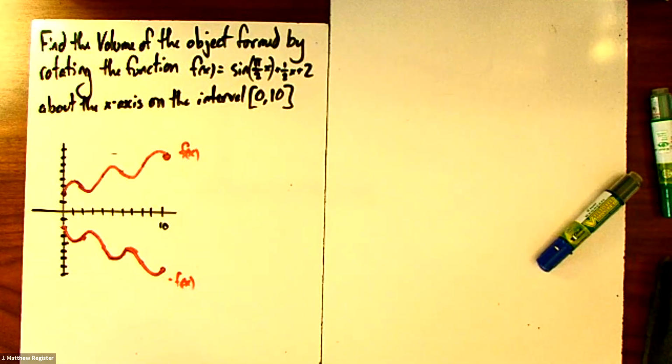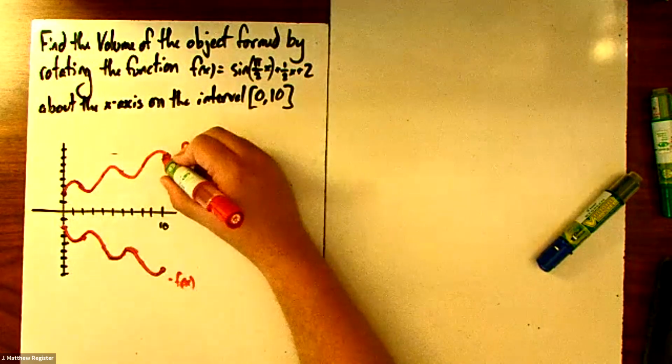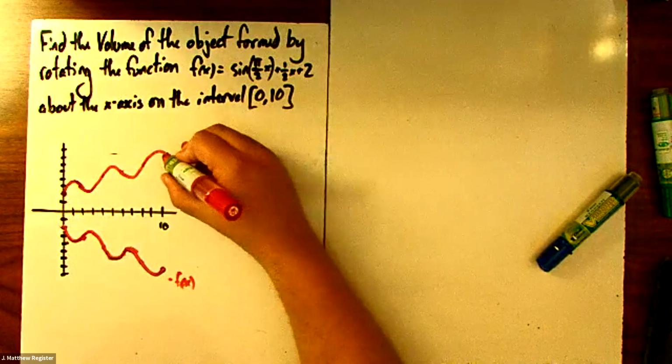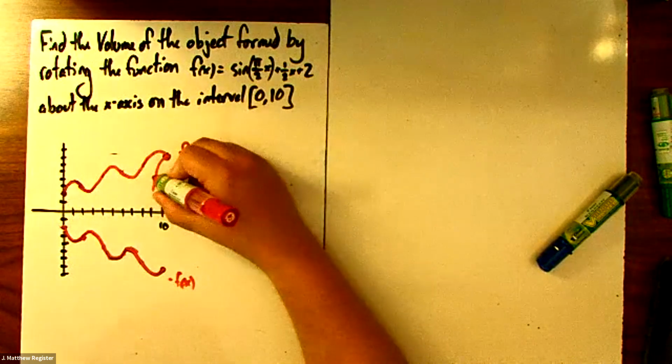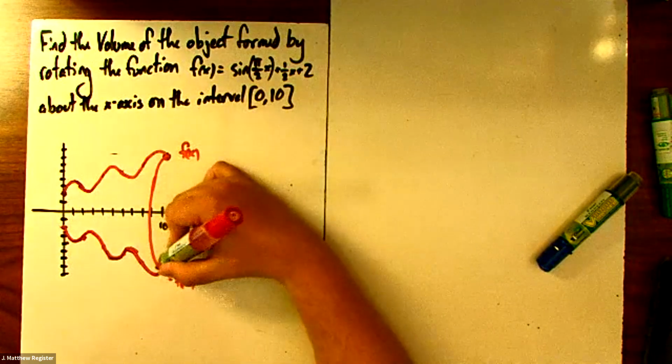What we're going to be doing is visualizing this in 3 dimensions and wondering what would happen if we were to take this and create a 3-dimensional object of this.